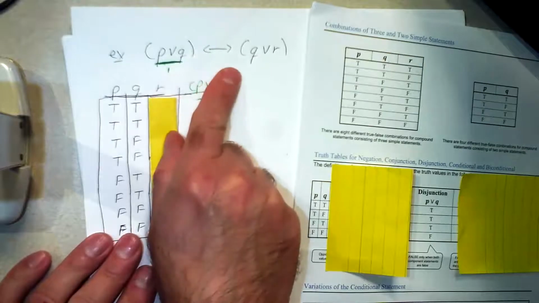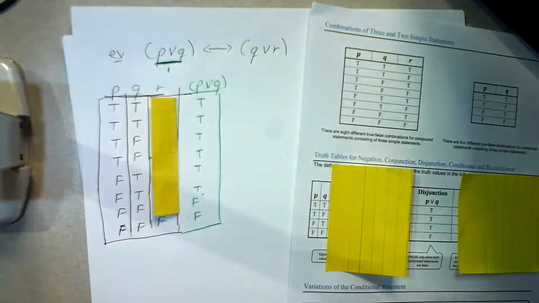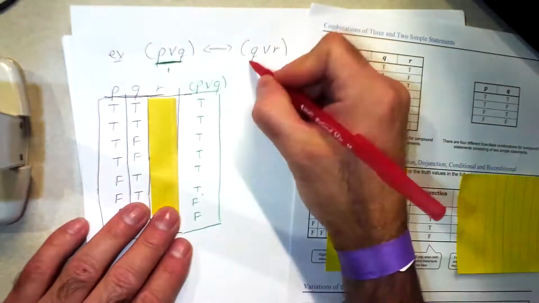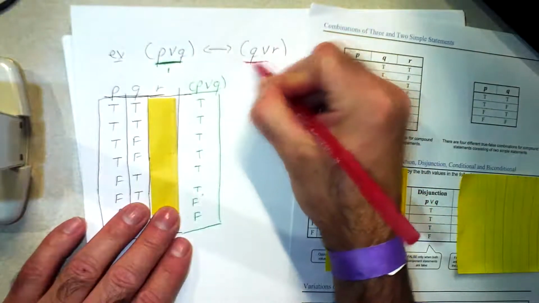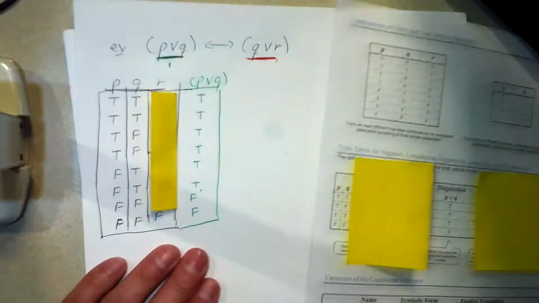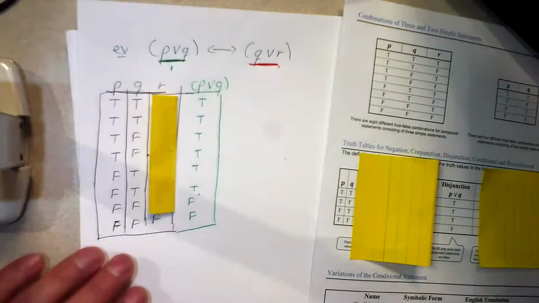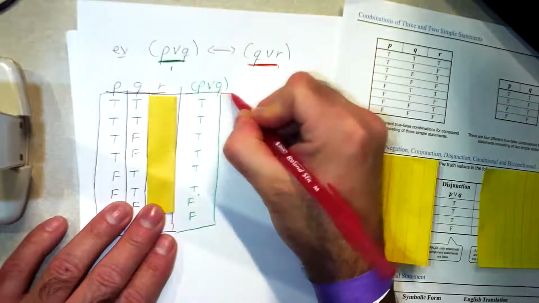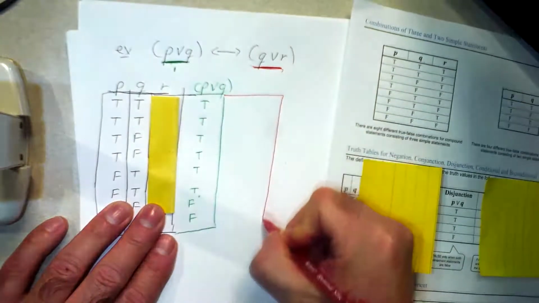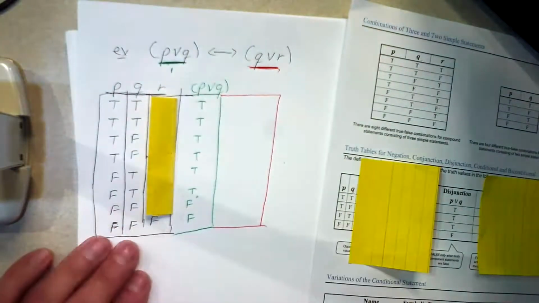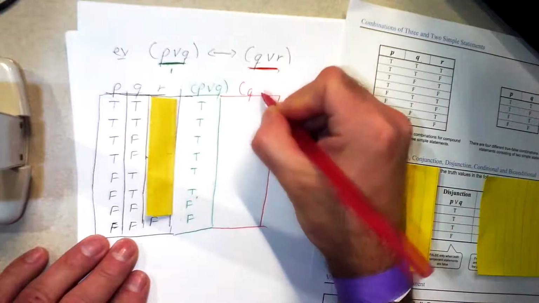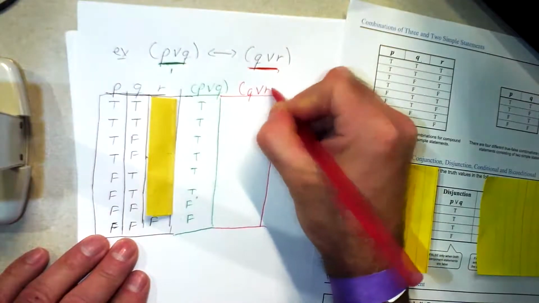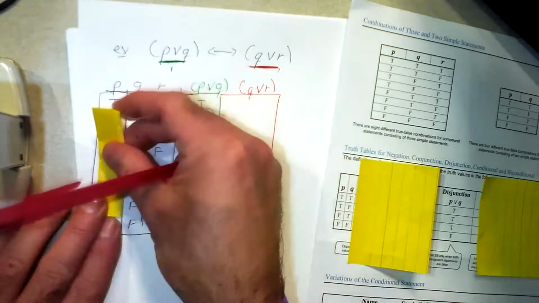Now I have to do this other part, the red. I should have done red first, but that's all right. I'm going to do Q or R, so I'm going to cover up my P column.